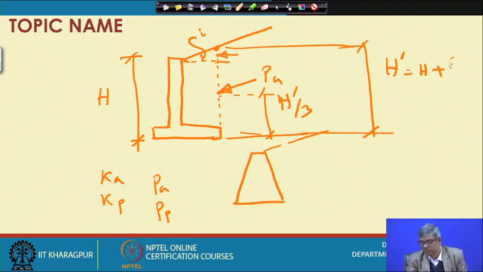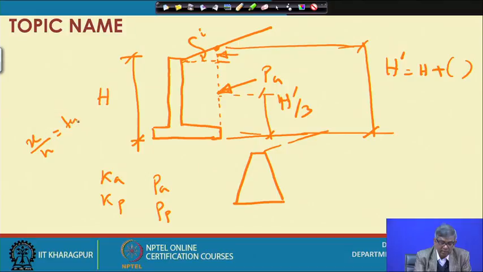So suppose this distance is x and this is tan I. So x will be h tan I.